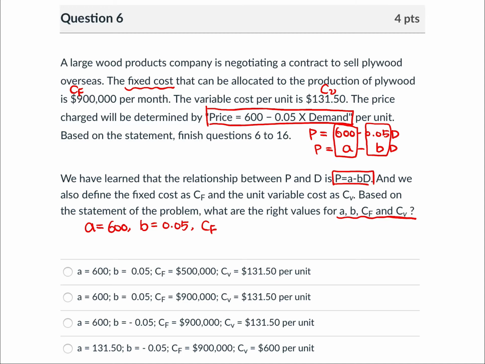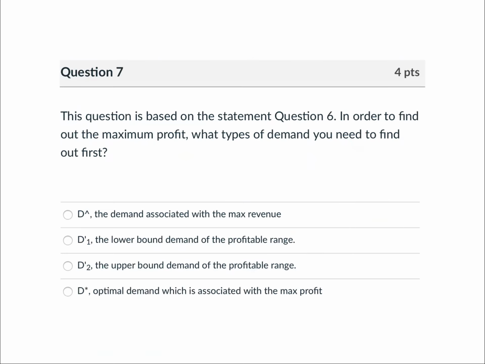And then CF is 900,000. C lowercase v is 131.5. This is given here and this is given here. So just check the options. So this is the correct answer.